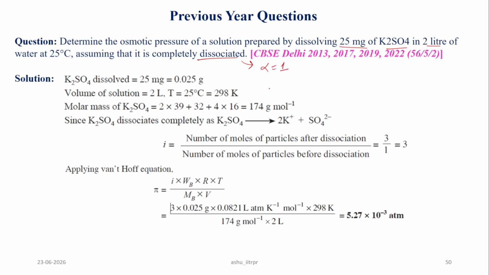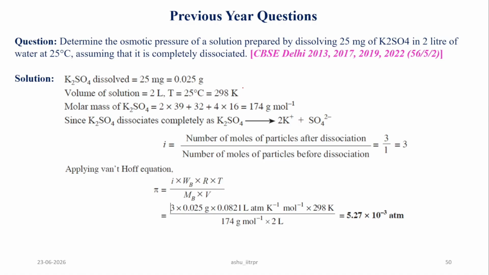So K2SO4 gives 2K plus and SO4 2 minus, that means 2 particles from potassium ion and 1 particle from sulfate, so you can directly write n equals 3. That is the purpose of giving this information.